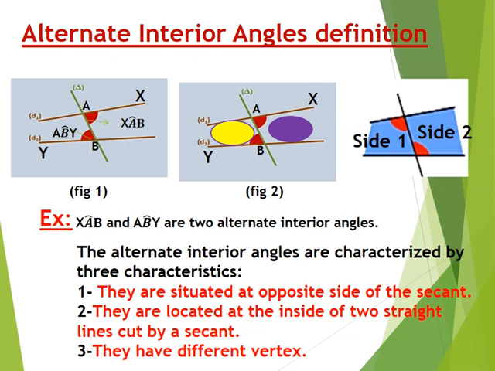The two alternate interior angles are located inside this imaginary Z. The two alternate interior angles in this figure are XAB and ABY.